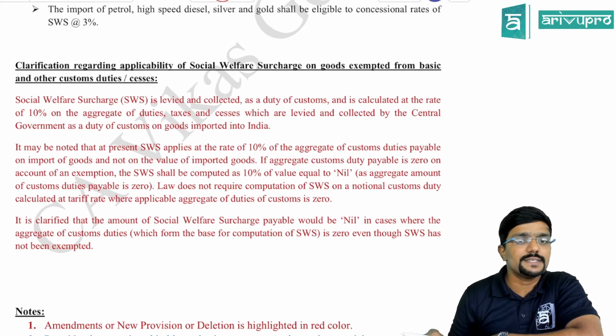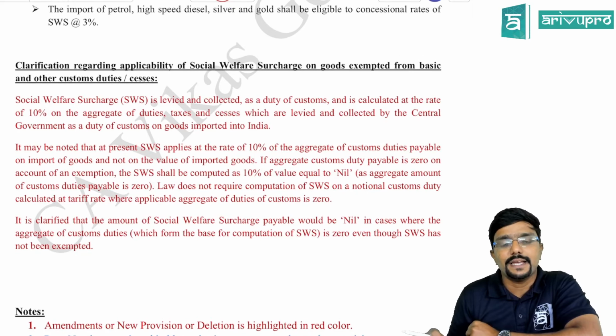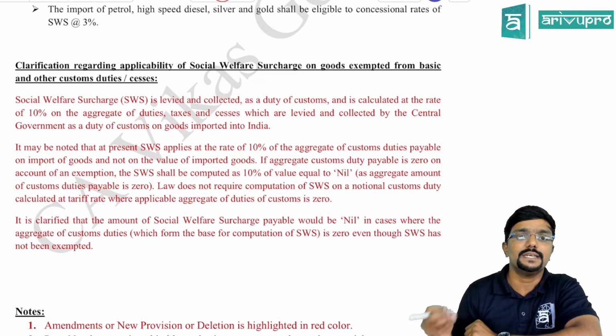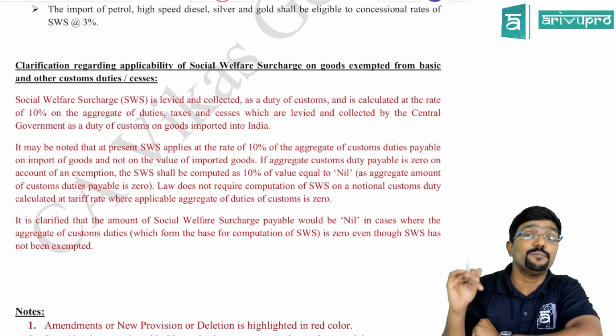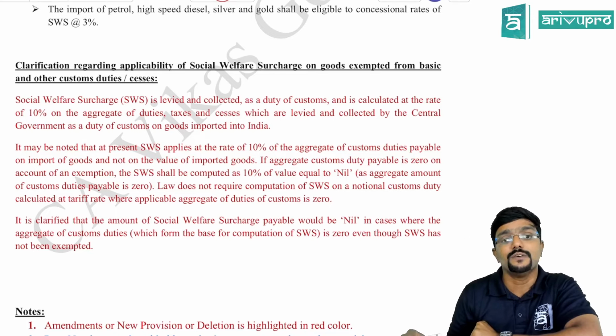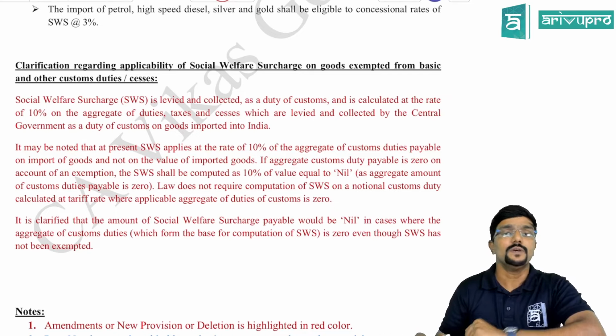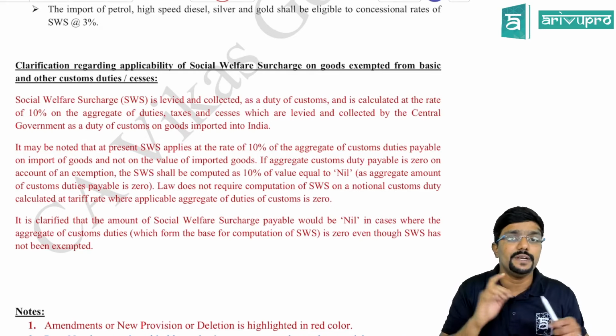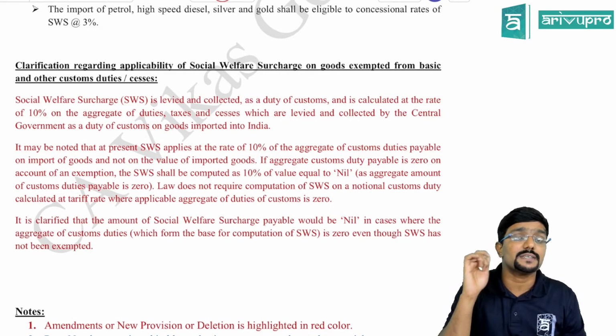Social welfare surcharge is levied and collected as a duty of customs and is calculated at the rate of 10%. On what amount? Not on the value of imported goods. It is on the aggregate of duties, taxes and cesses which are levied and collected by the central government as duties of customs on goods imported into India. So on the goods imported into India, you would have calculated basic customs duty.